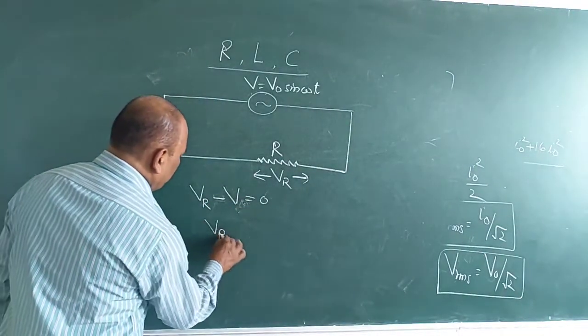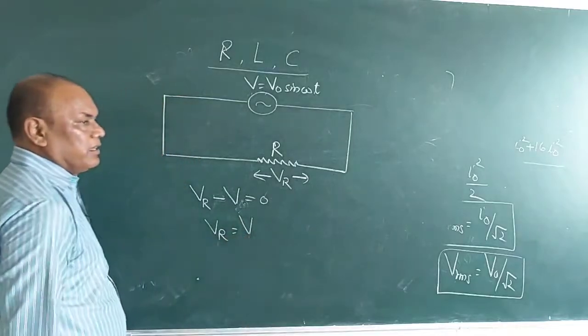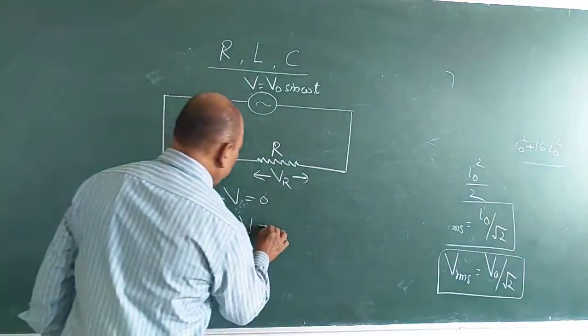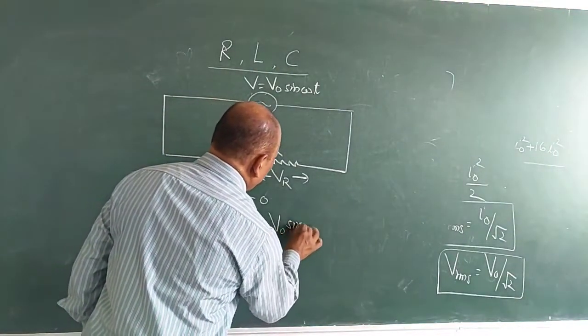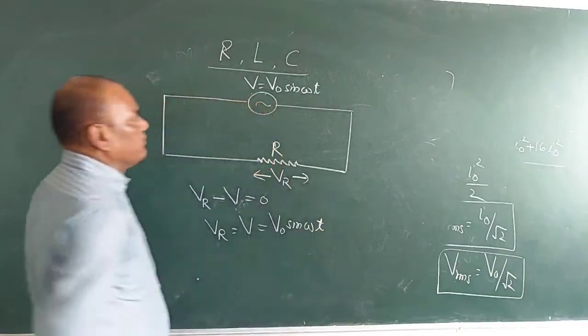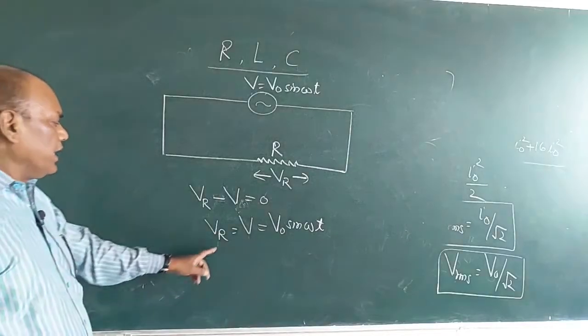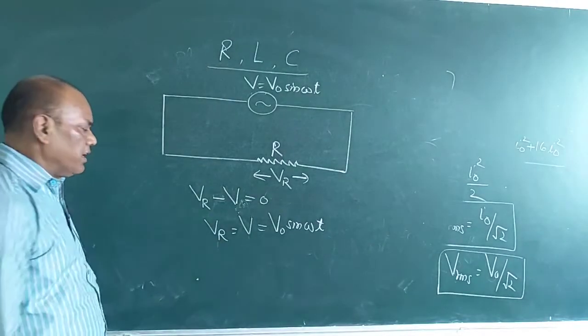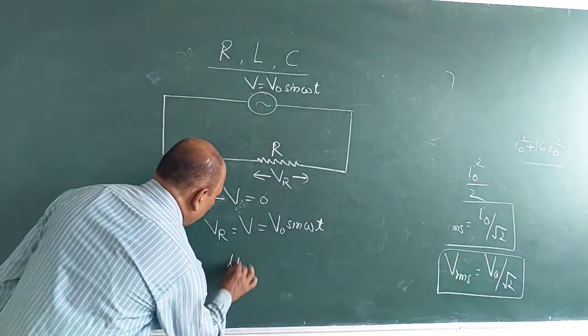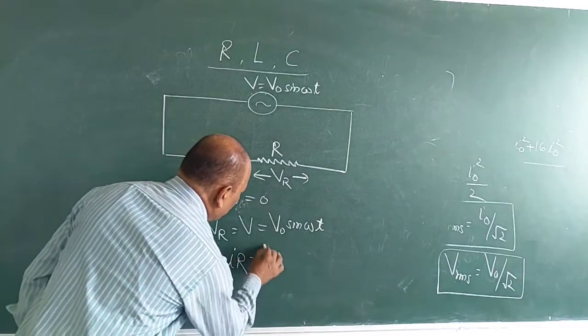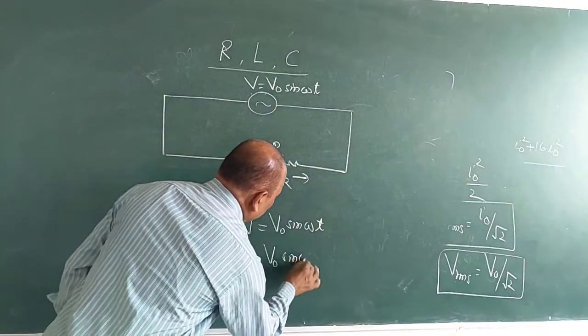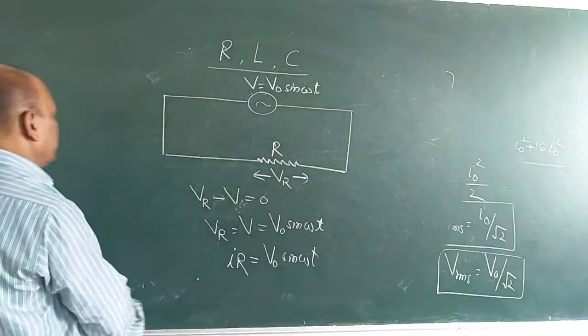Therefore, VR equals V, and this becomes V0 sin omega t, because V equals V0 sin omega t. Now by Ohm's law, VR equals IR. This is equal to V0 sin omega t.